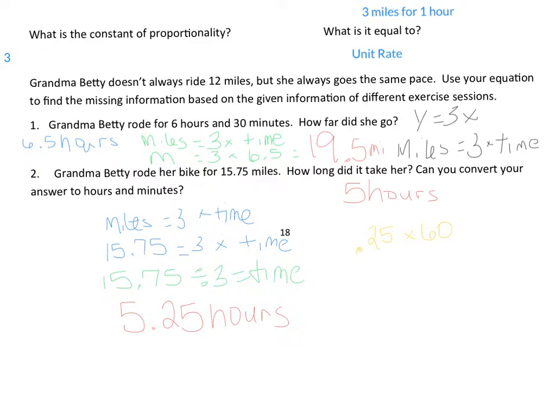And if we take 0.25 times 60, we get 15. This means that it will take her 5 hours and 15 minutes. Anytime you're dealing with time and you're asked to convert from a decimal to hours or minutes, it's all based off of multiplying or dividing by 60.